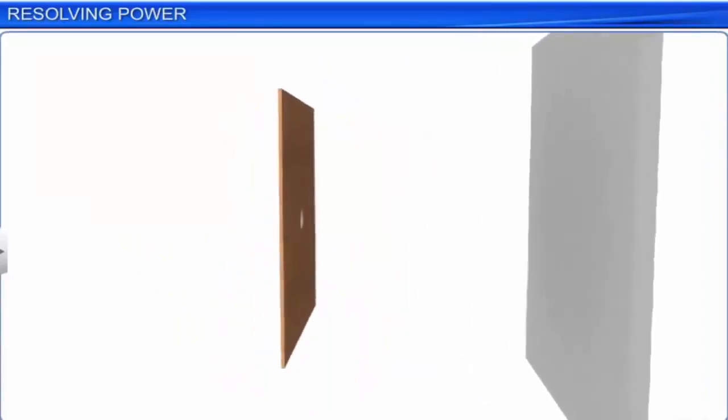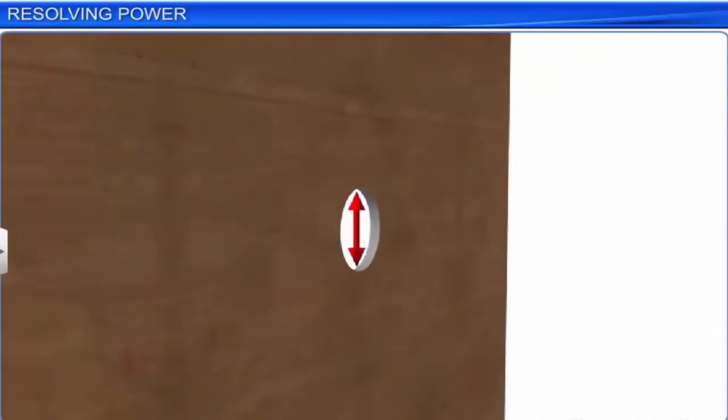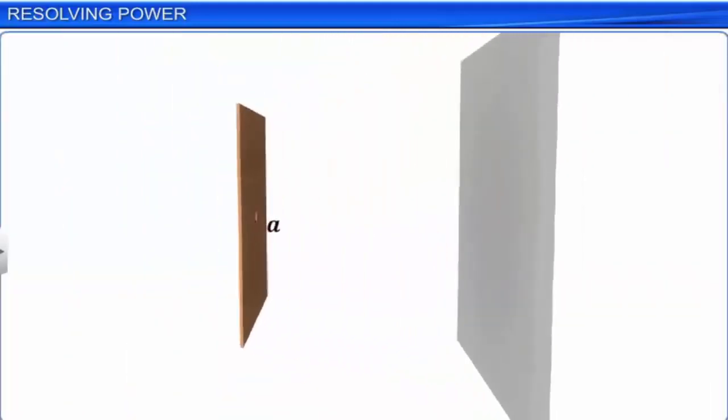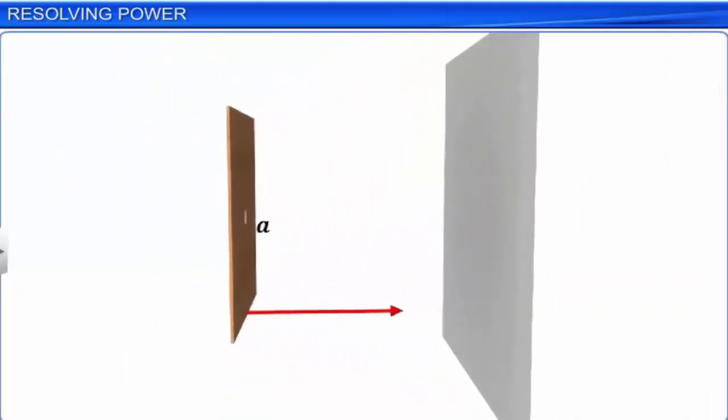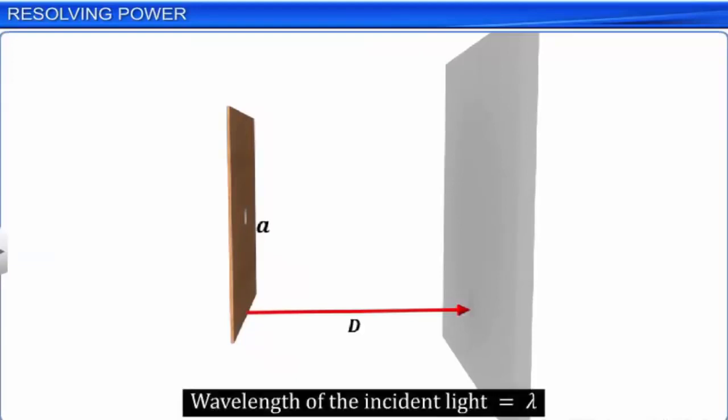Let us now describe the diffraction pattern mathematically. Let the diameter of the aperture be A, the distance between the aperture and the screen be d, and the wavelength of the incident light be lambda.